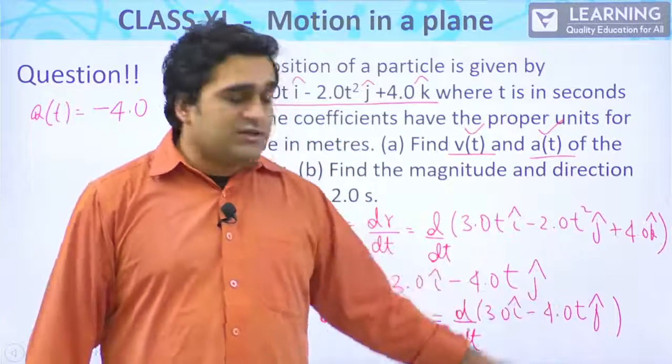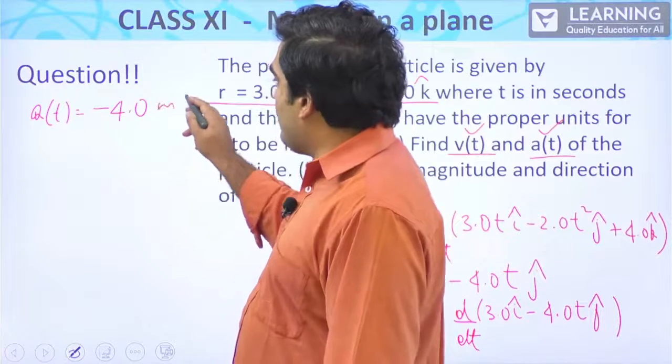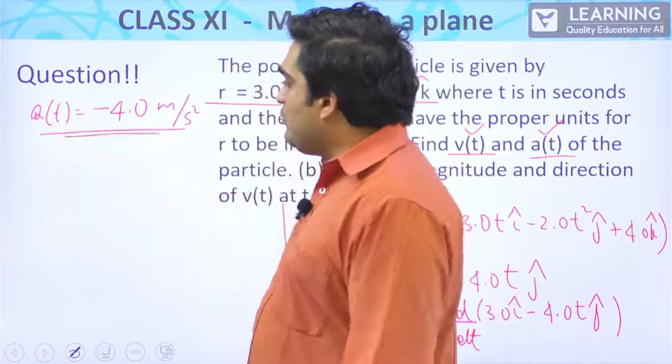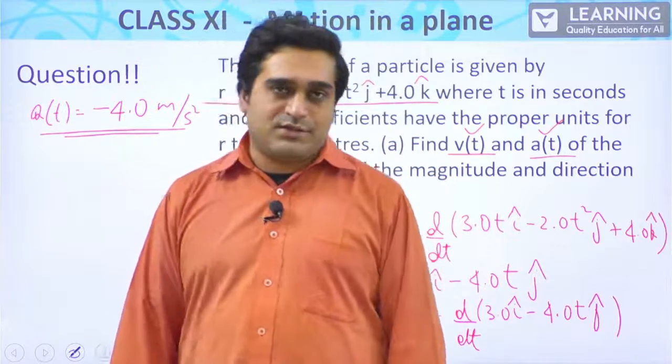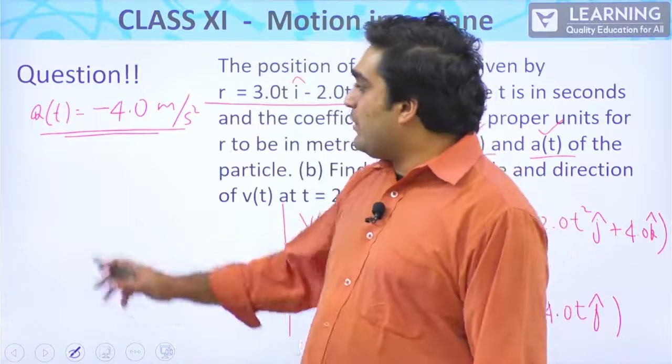I'll just write minus 4.0 meter per second square. So this will be the solution for acceleration, which is minus 4.0 meter per second square.